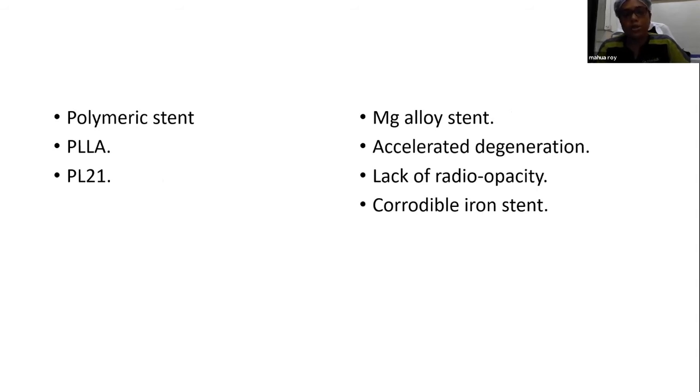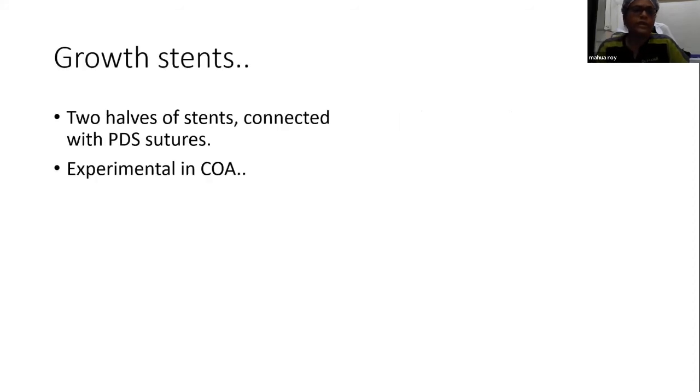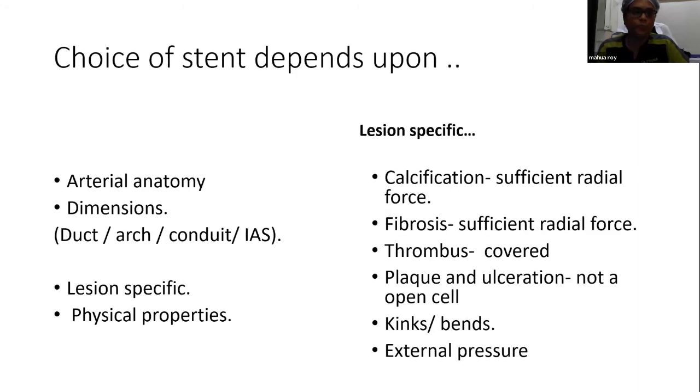The problem with the magnesium alloy stent is that it degrades very early, within a few weeks, and it is also not radio-opaque, so we need to add some gold to see the stent. There are growth stent concepts. This is also unique. Two halves of the stent are connected with PDS sutures, so it gives the potential for growth.